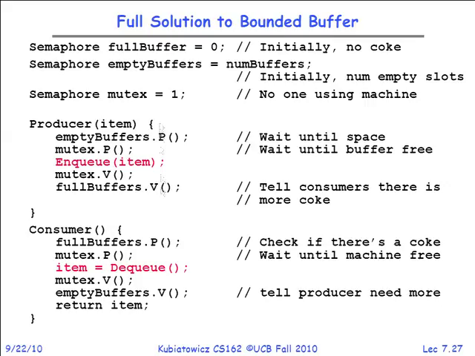And so at that point, I get the critical section in here where I dequeue an item of Coke. And then I increment the emptybuffers because I've taken a Coke can out, and I return the item. Okay? Questions? Does this solution make sense to everybody?